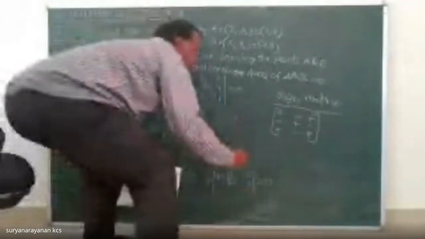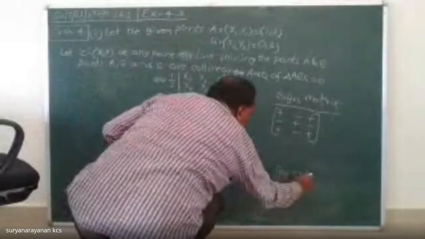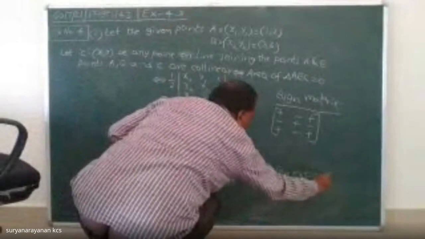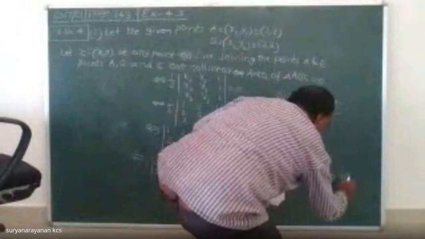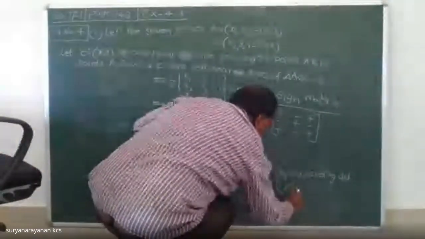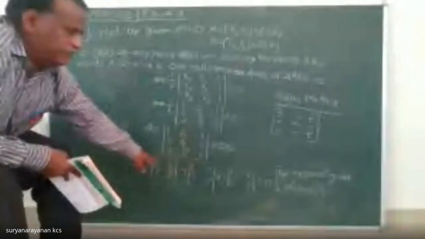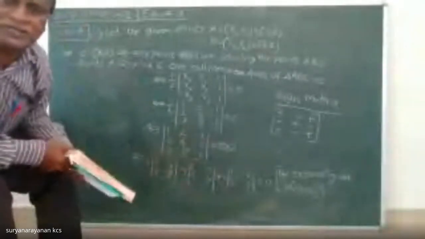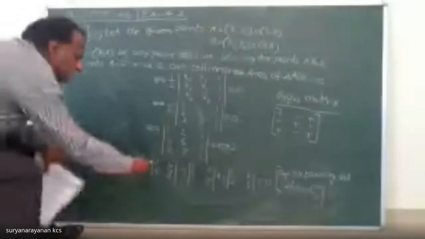So by expanding the determinant along C3, we got this step. Understood this step, my children? Yes, sir. Will you do the next part?